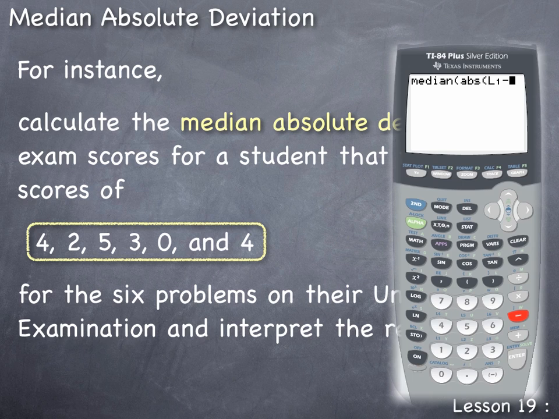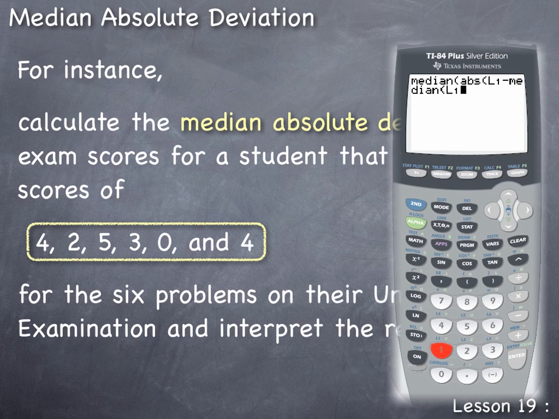The median is the point of reference we use in the median absolute deviation. So we go back to the median by pressing Second List, arrow over to the right twice to Math, and then down arrow to the fourth selection, median. Enter. And it's the median of those data values we want. So we have to tell the calculator Second 1 to get List 1.